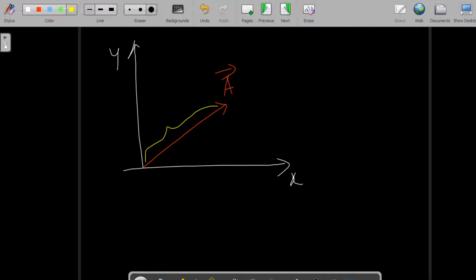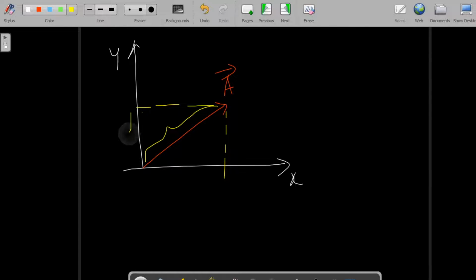Agree? Now see here, how can I find that? I can draw a line here which will touch the x-axis, which will give me the endpoint value on the x-axis. And I can draw a perpendicular line to the y-axis, and it will touch the point on the y-axis, which gives me the endpoint.